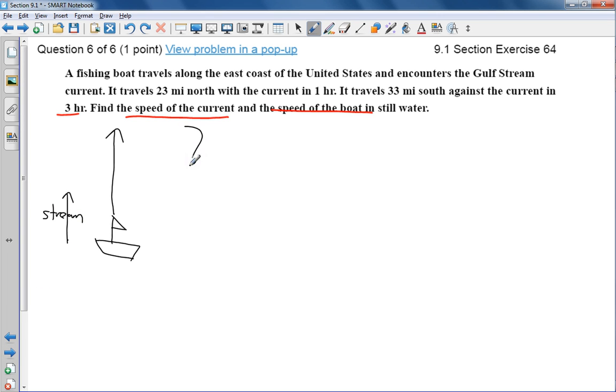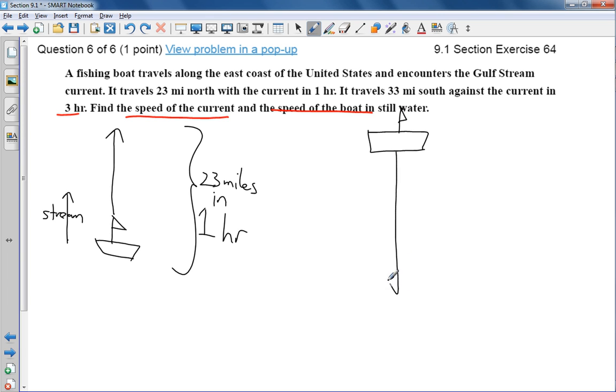How long do you travel north? 1 hour, a total of 23 miles in 1 hour. Right? And then you change your mind. You are coming back from north to south. How far do you travel? 3 hours, 33 miles in 3 hours. Got it?